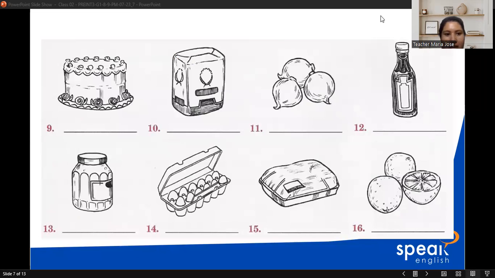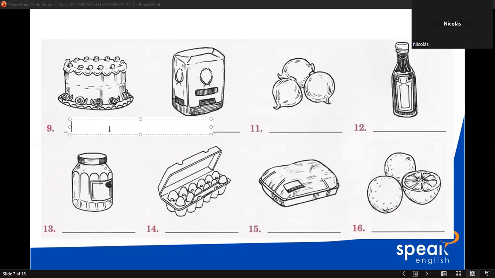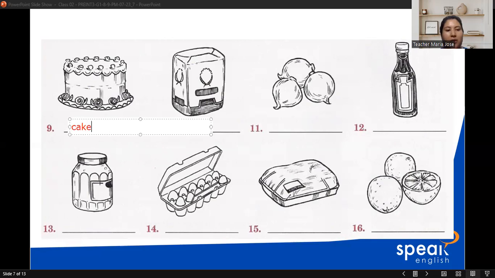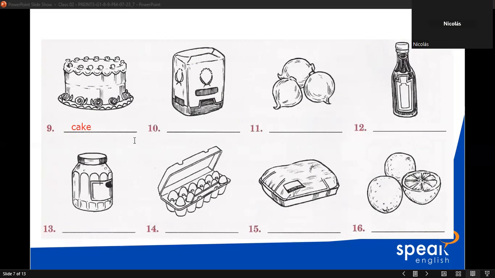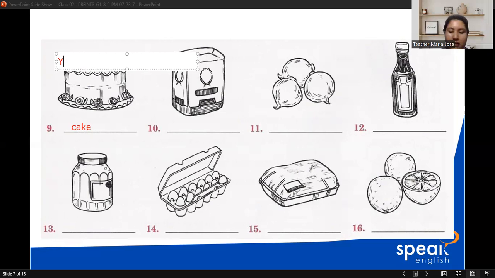Number 9, Nicolas. A cake. Okay, and this is countable or uncountable? Uncountable. Excellent. Oh my gosh, goodness. Very good. Okay, number 10, Abigail.